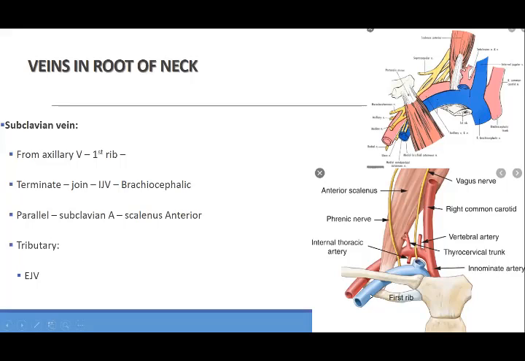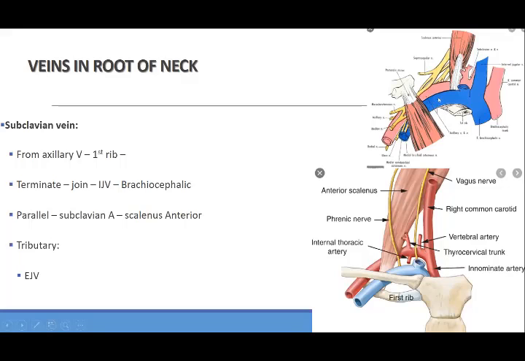This is the first rib. At the outer border of the first rib, the axillary vein changes its name to subclavian vein. Okay? It terminates by joining the internal jugular vein to form the brachiocephalic vein.